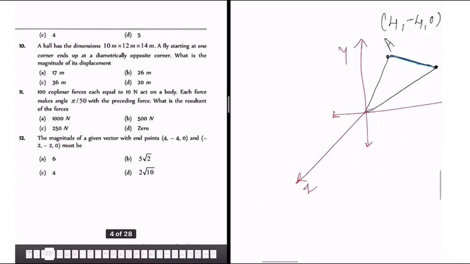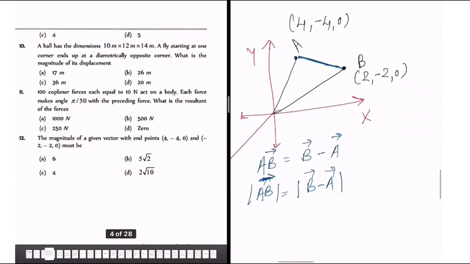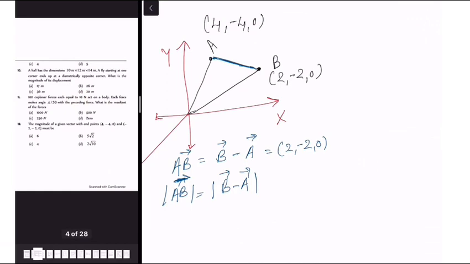Okay, first of all find vector AB, which is vector B minus A, and then length of AB means magnitude of vector AB, which is mode of B minus A. What is B minus A? 2 minus 2 0 minus 4 minus 4 0.